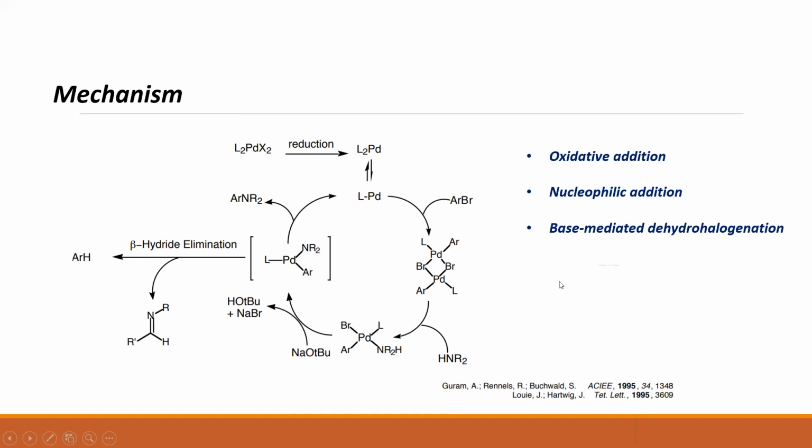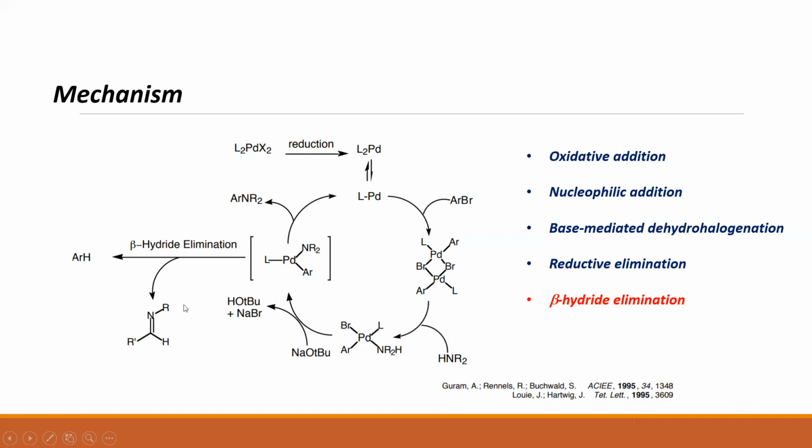Well, the final step is reductive elimination, where it yields the product and regenerates the monoligated palladium complex for the next catalytic journey. However, a side reaction, beta hydride elimination, can also occur in parallel to the reductive elimination, which produces the reduced arene and the corresponding imine.